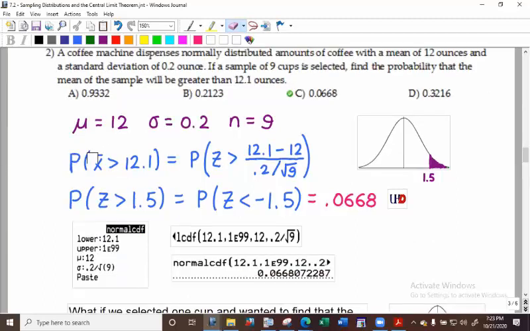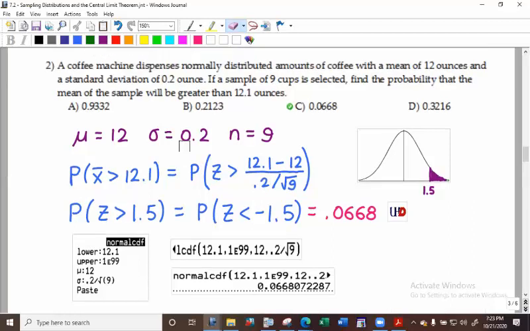So it's X bar instead of X, and here's the Z. The mean is the same on top, 12, but it's all about what's going on down here. Instead of just one number, it's 0.2 divided by the square root of 9 cups.